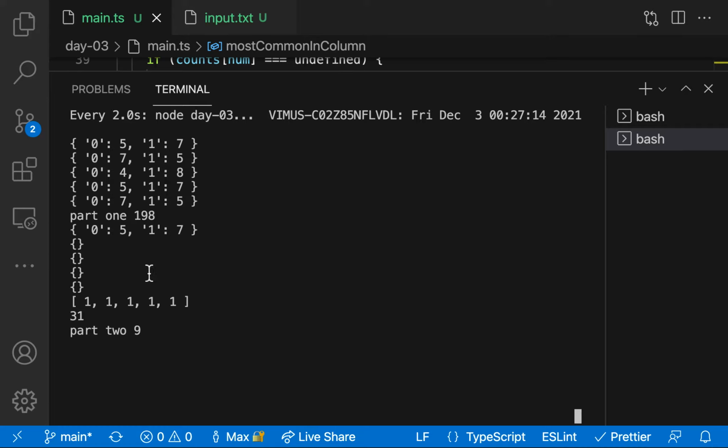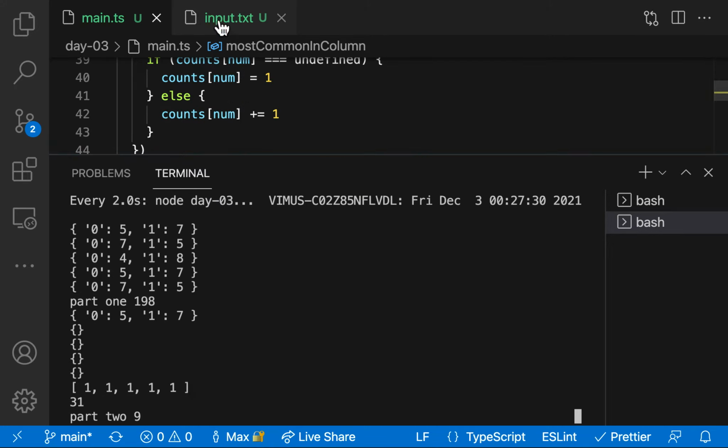Oh, this looks wrong. This is printing only 0517. We shouldn't have filtered out everything.